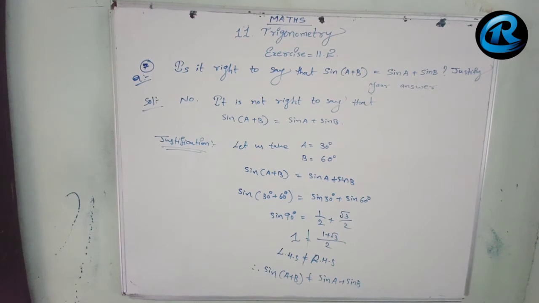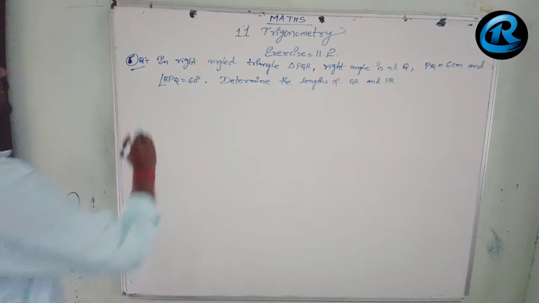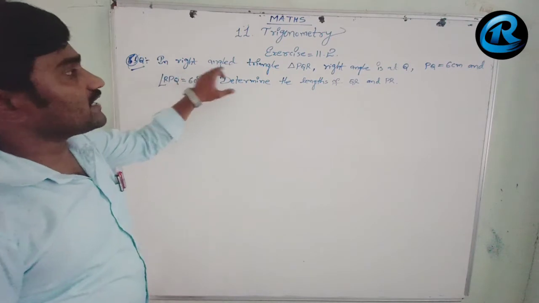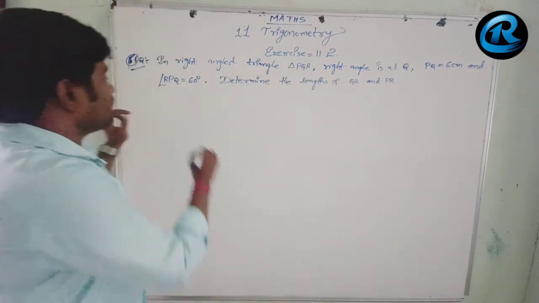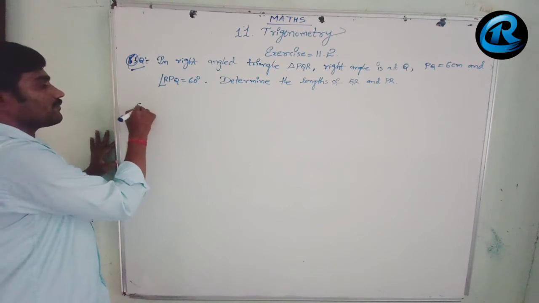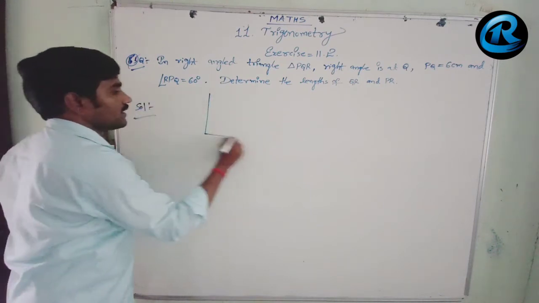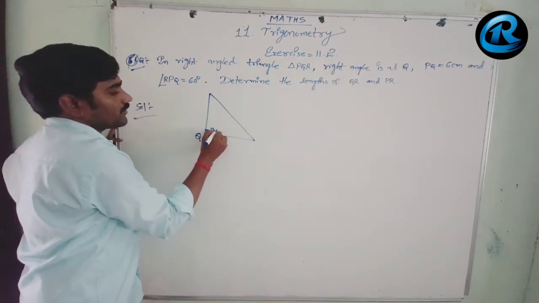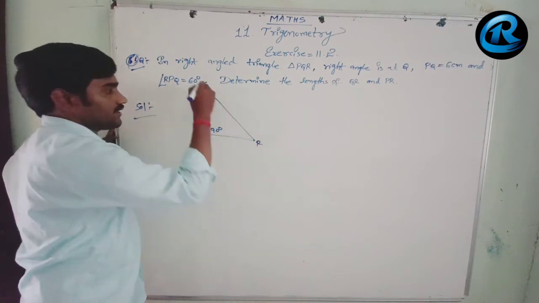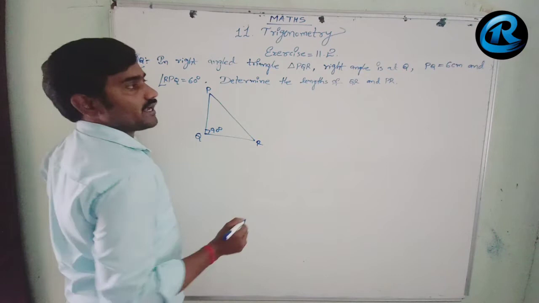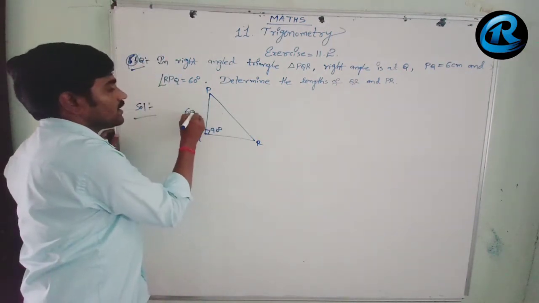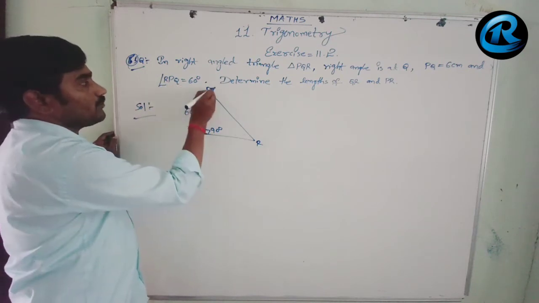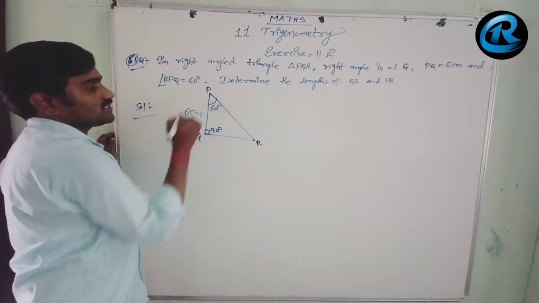Next we go for question number 5. See that question number 5. In right angle triangle PQR, right angle at Q, and PQ equal to 6 centimeter, and angle RPQ, that is angle P, equal to 60 degrees.